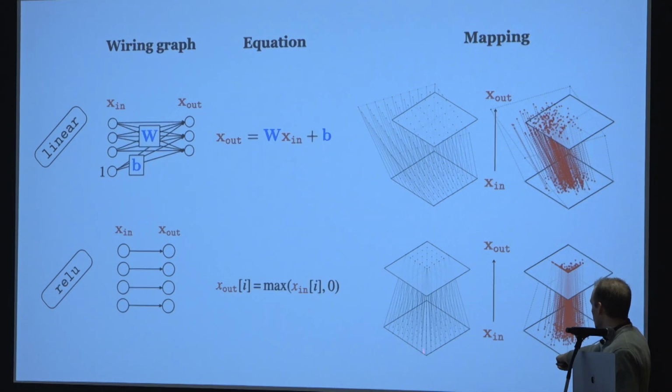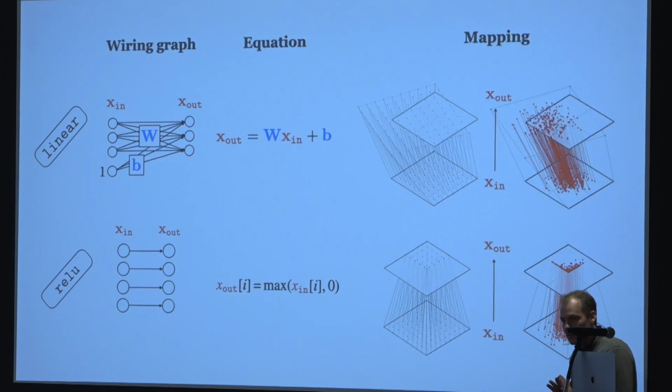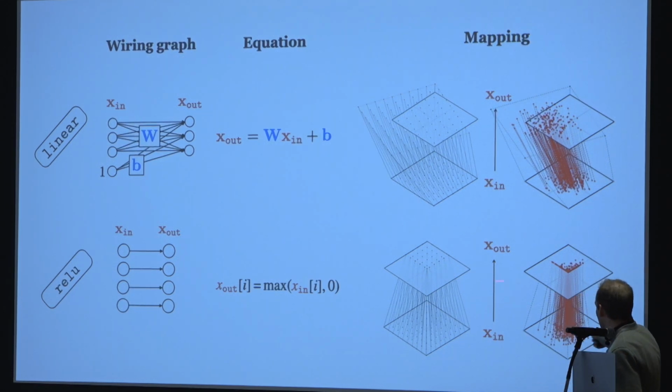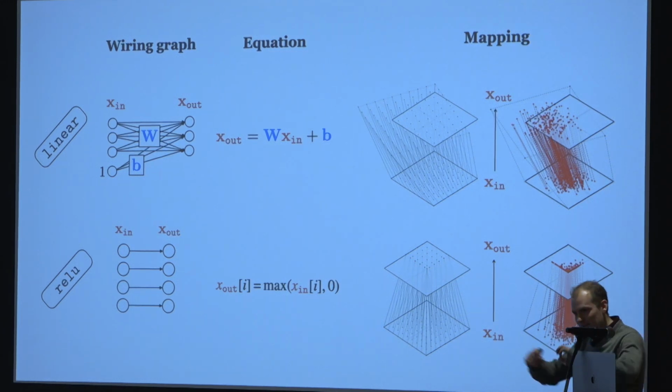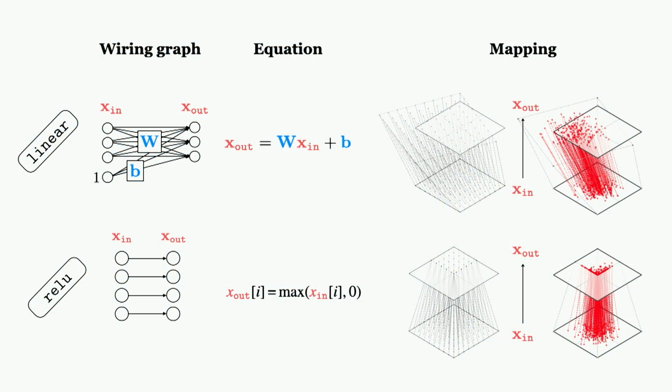And if I apply the ReLU, it becomes a straight identity mapping in the positive quadrant, but in the negative quadrants, everything gets clamped to the axes. So if I apply a ReLU to a distribution of data, most of the values get clamped to the axes in the output space. This is the kind of geometry of the mappings that deep nets are achieving.